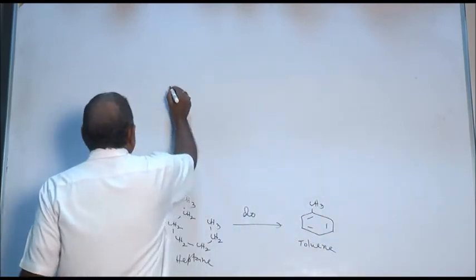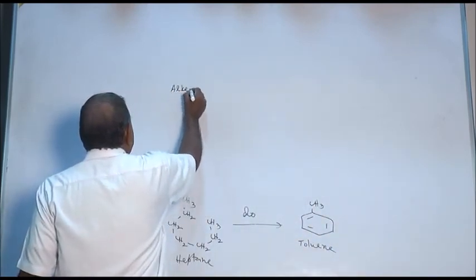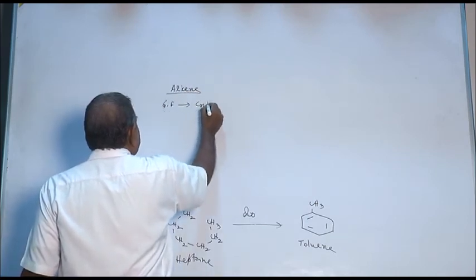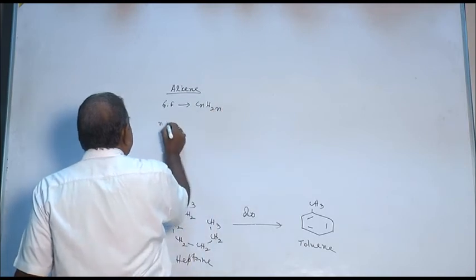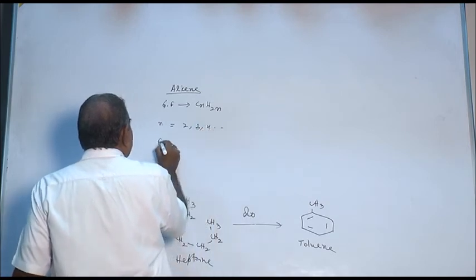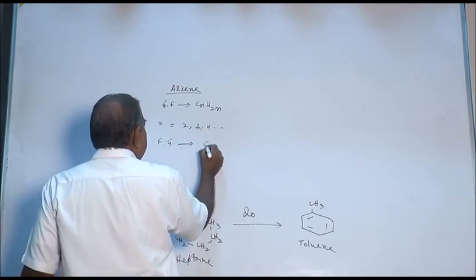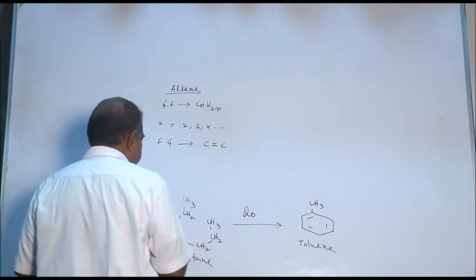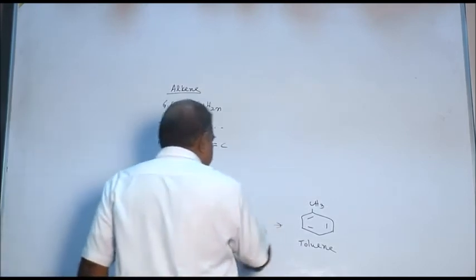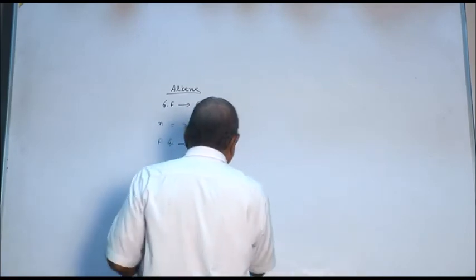Next I am proceeding to alkene. So far as the general formula is concerned, it is CnH2n, n value starts with 2, can be 3, 4, etc. Functional group, it contains a carbon-carbon double bond. Now here there may be carbon-carbon single bond, carbon-carbon double bond.